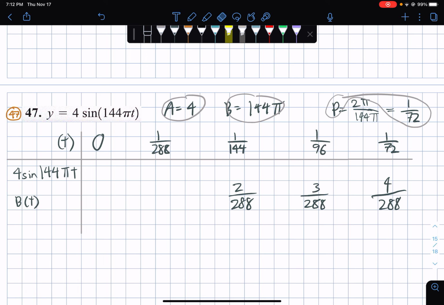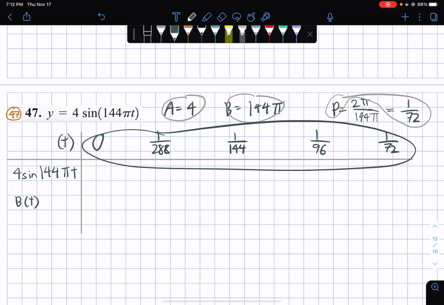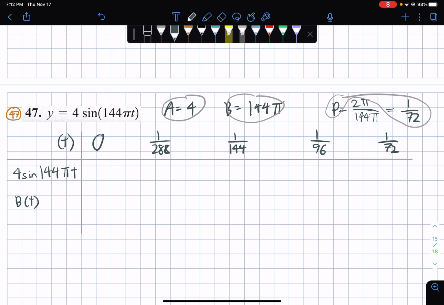Okay, so that's the missing value in fraction form. Multiply those t variables with 4 sine 144 pi. We get the following: 0, 4, 0, negative 4, and 0.